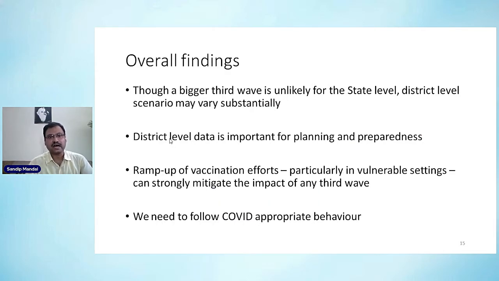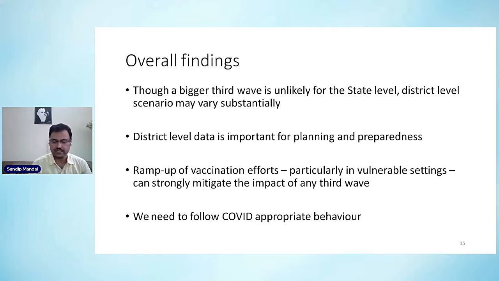Therefore, we can say the third wave is unlikely at the state level, but the district level scenario might vary. In some districts, there might be a substantially high third wave. So by looking at the data at the state level, we can say what scenario to expect at the district level.